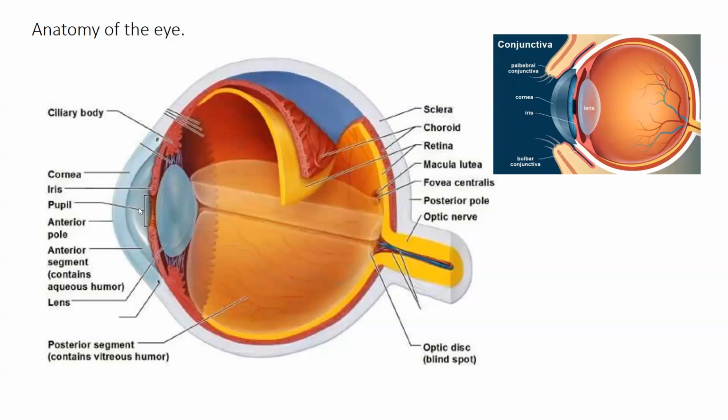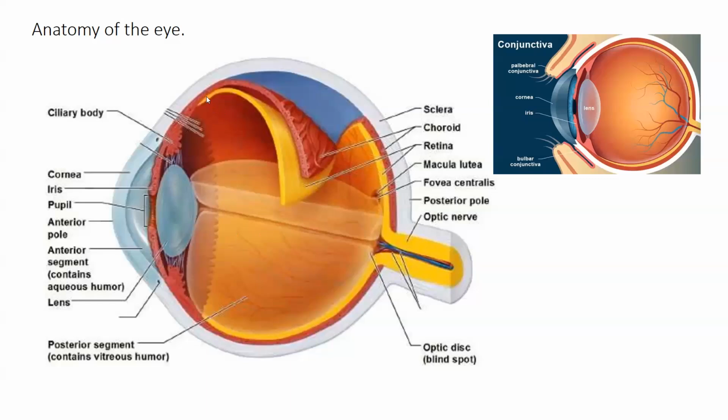It used to be that all body fluids were referred to as humors, so this isn't funny, it's a fluid. And the back of the eye, from the lens back, filling the entire back of the eye, is filled with what's called the vitreous humor, which is a thick jelly-like substance that helps hold the shape of the eye. And again, we're going to come up with some terminology related to that.